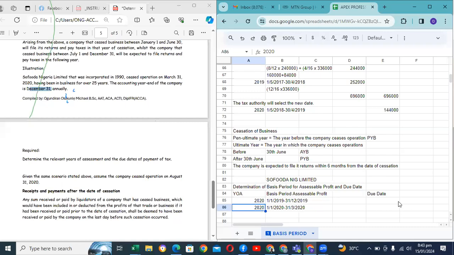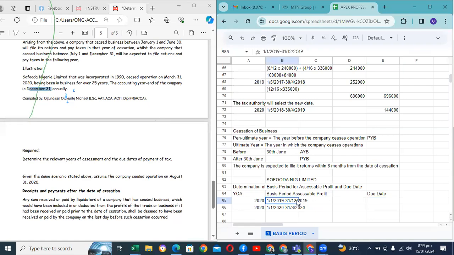Now, we said this person is expected to file his return 6 months after the date of cessation, and is expected to file 6 months after the accounting year. So the due date here will be 6 months after the accounting year.